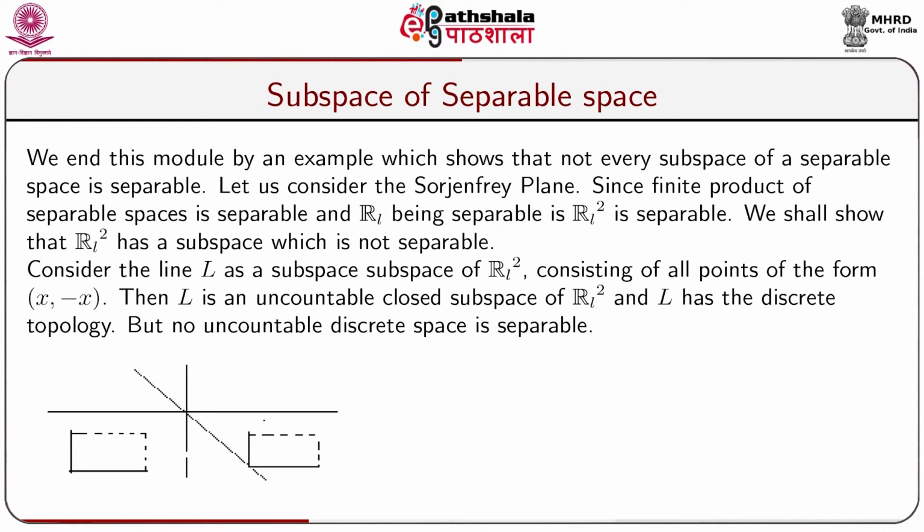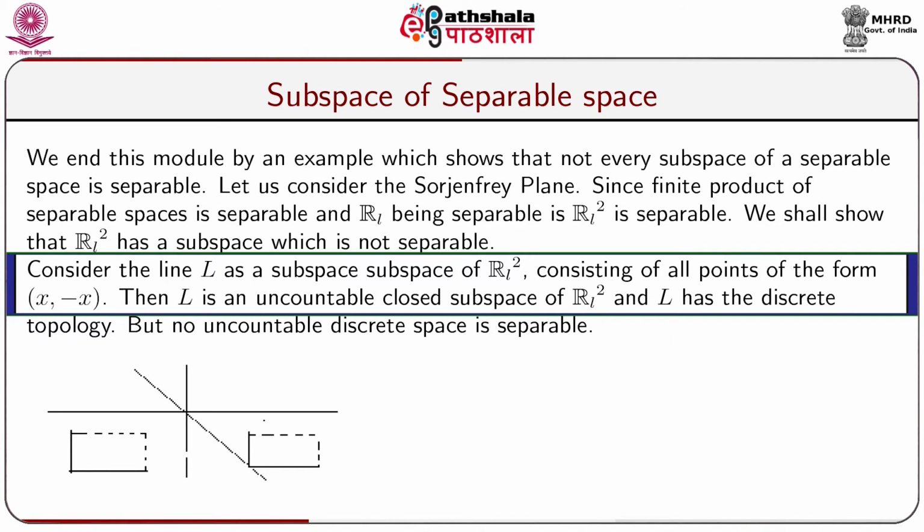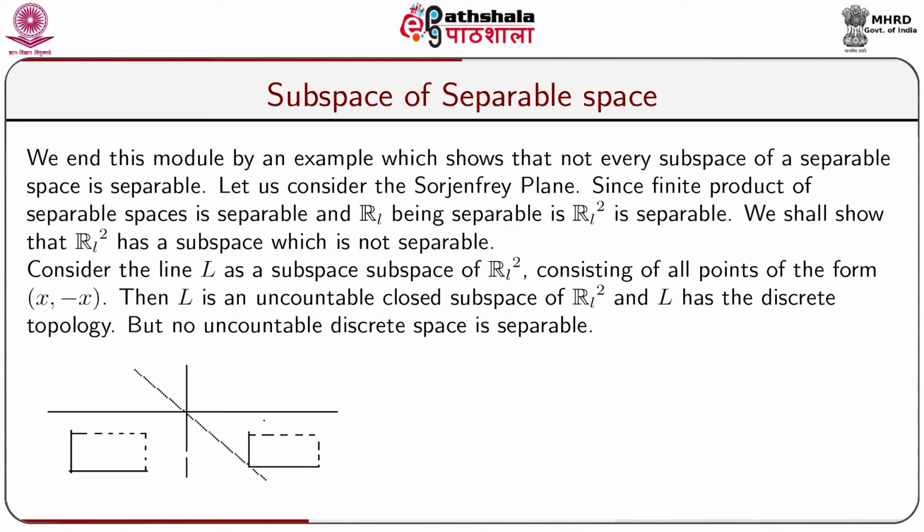So, R_L cross R_L is a separable space as R_L is separable. Now, consider the line L equal to {(x, -x) : x belongs to R} in R_L cross R_L.